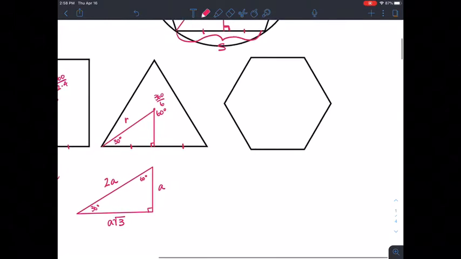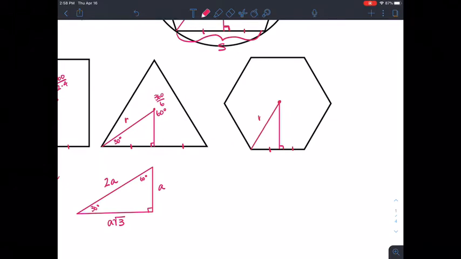And the last set here that we have, if I drop my apothem down in this hexagon, then I have got my radius and my apothem, and down here is my side length. So again, we have that 30-60-90 triangle, except now it's flipped.